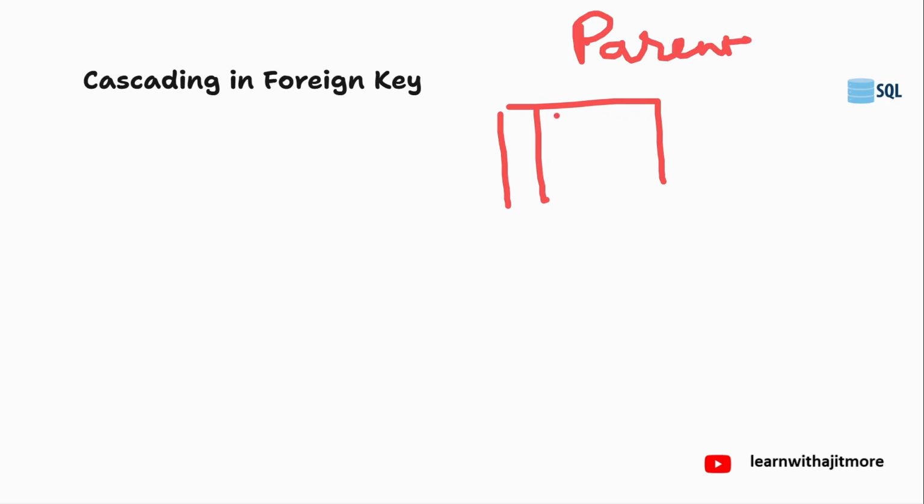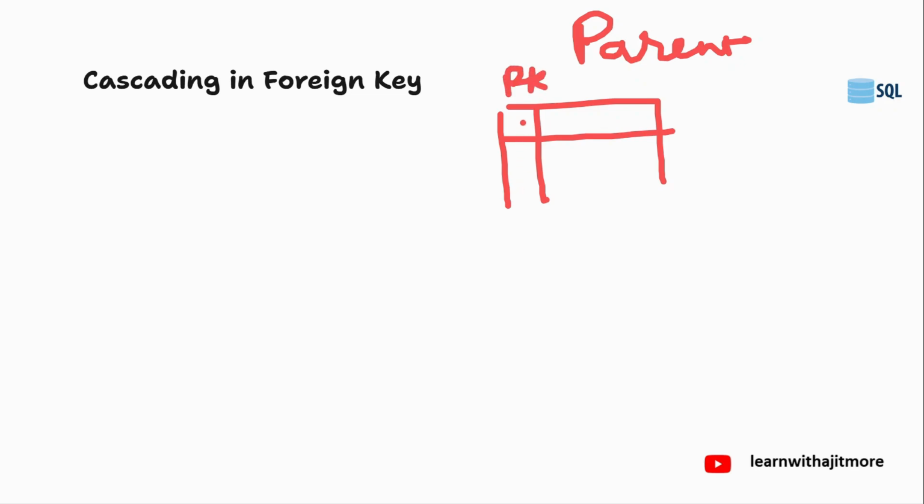Whenever you're making any change in the parent table, like deleting any record of the parent, or modifying the parent record, or modifying the primary key of that parent table, understand carefully. This is the parent table and this is the primary key.